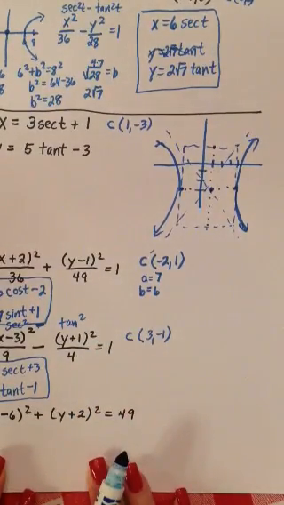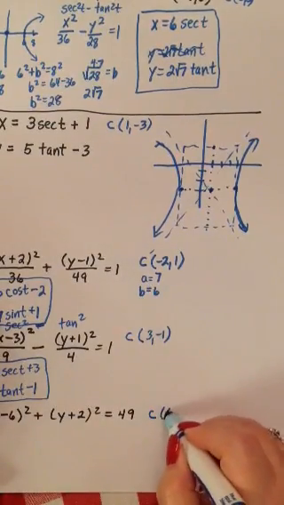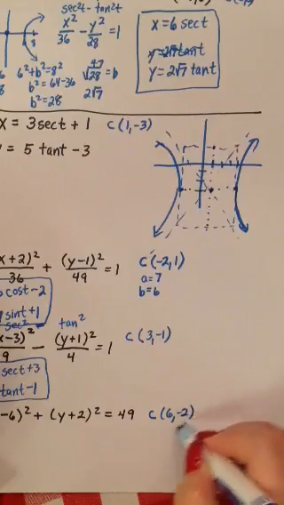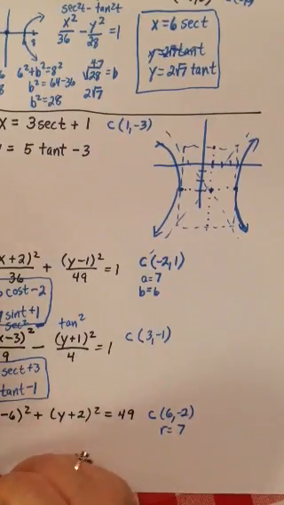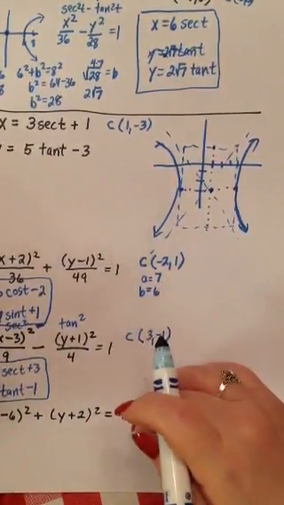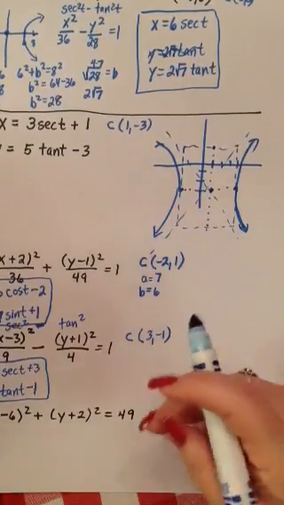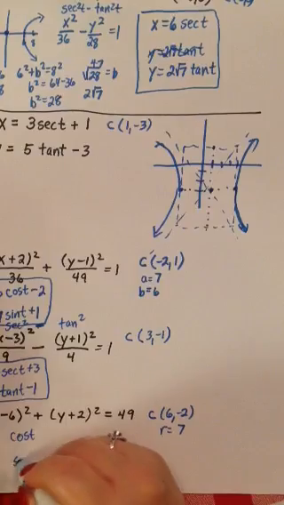Lastly here, this is a circle, and it's got a center at 6, -2, and apparently a radius of 7. So we would write x equals, y equals. All round shapes like ellipses and circles that are kind of roundish, they use sine and cosine. So cosine always goes with x, sine always goes with y.